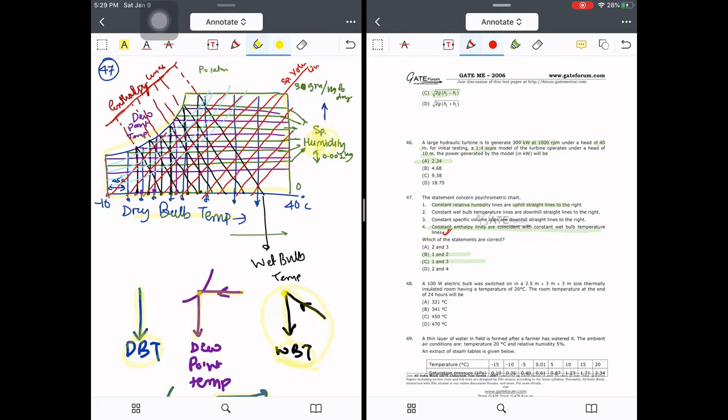If I observe it, constant wet bulb temperature lines are downhill straight lines to the right.